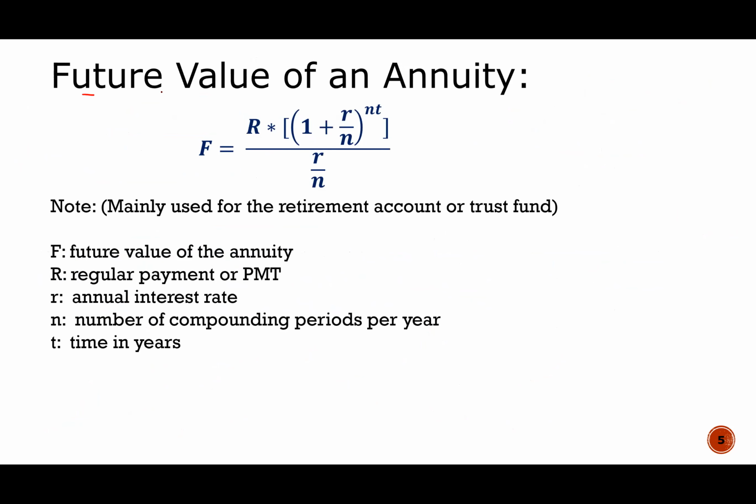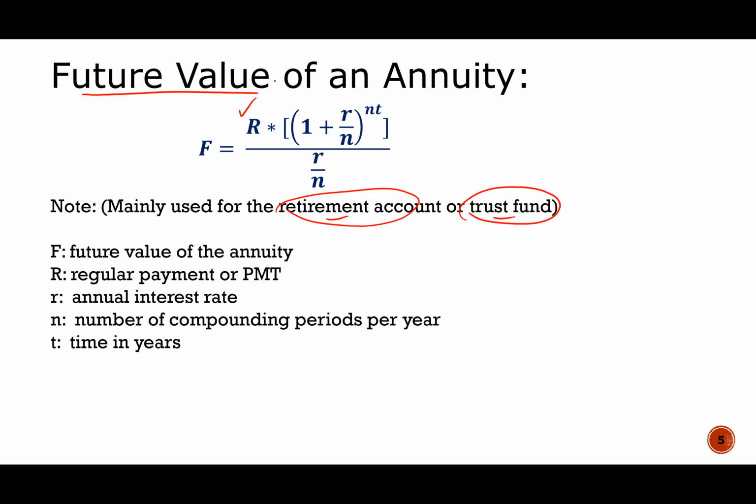Okay. Now let's look at the formula for the future value of annuity. For the future value of annuity, typically you can think retirement accounts or trust funds, right? You can always relate those to these two types of financial tools. Okay. So here F represents the future value of the annuity.